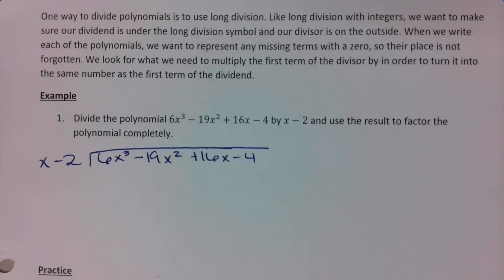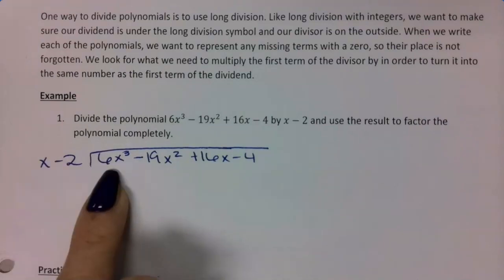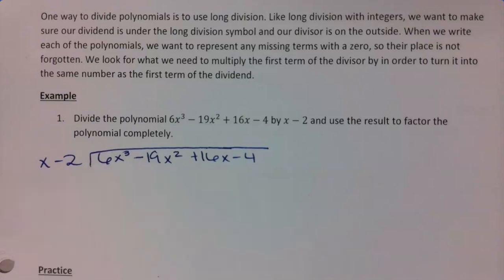So then I want my leading term to match my first term here. So what do I need to multiply x by to turn it into 6x cubed? 6x squared. So I'm going to do some scratch work off to the side.